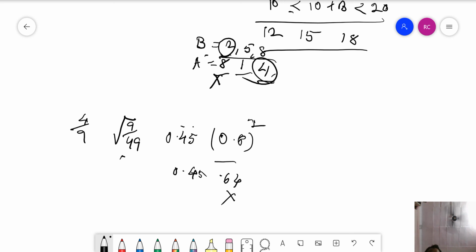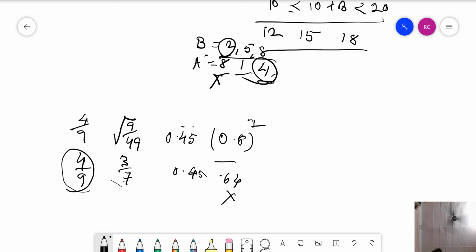This is 3 by 7, this is 4 by 9, and from the looks of it, this seems bigger. But we have to test, obviously.